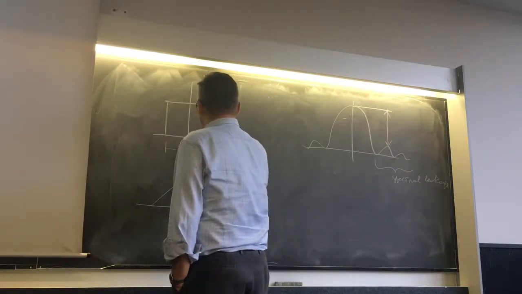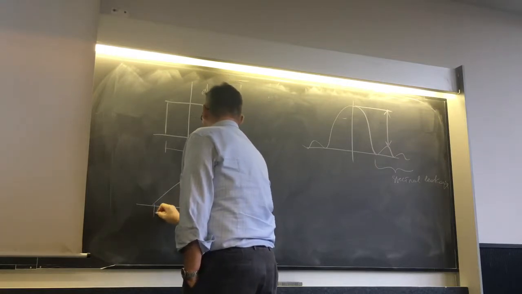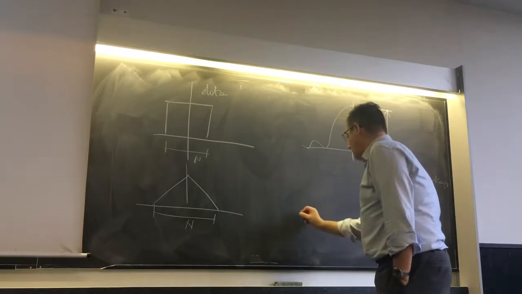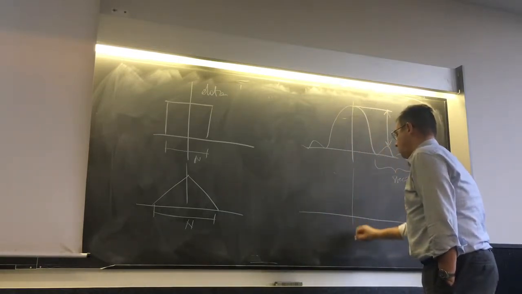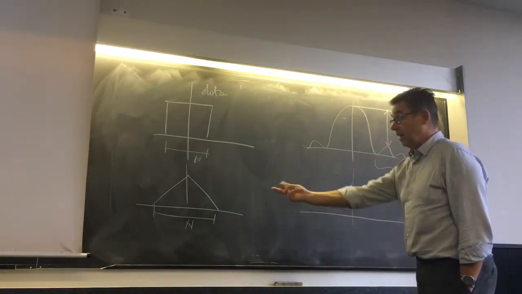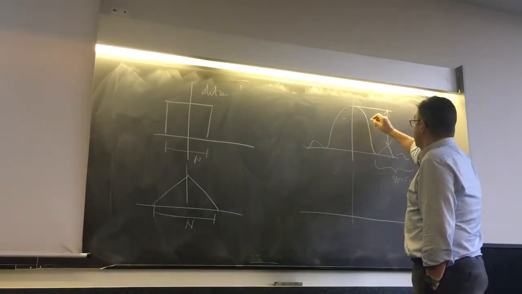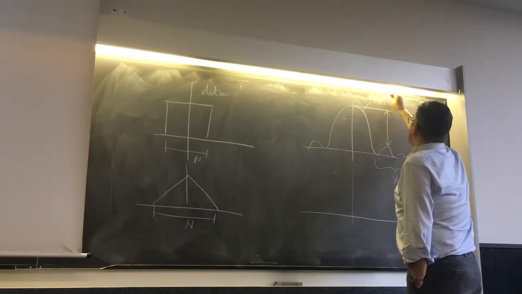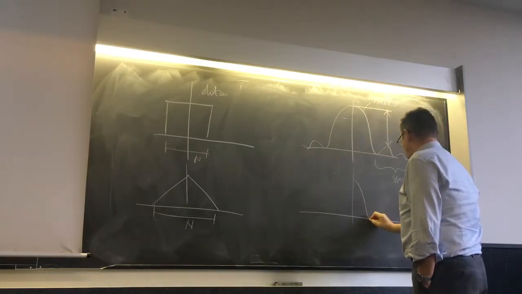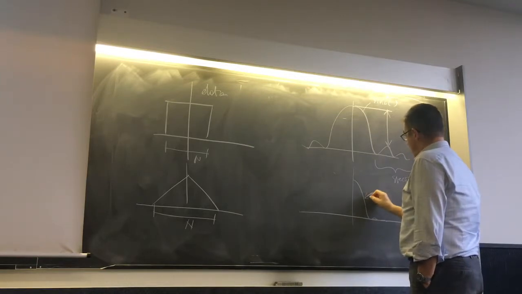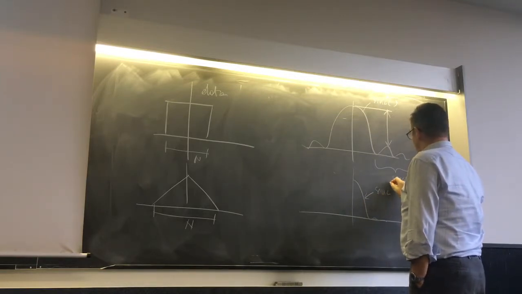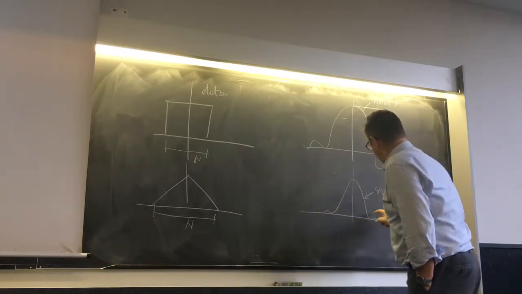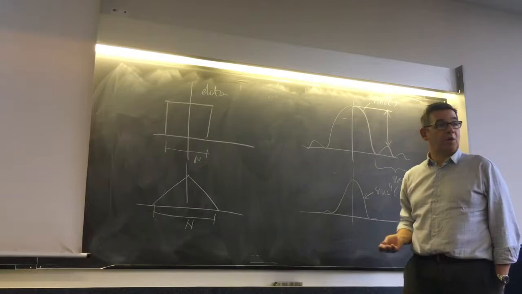The triangle has the same aperture, so it's N. Now, if I window with the triangular one, then where here I have a sinc squared, here I have a sinc to the 4th power. That means that the side lobes are decreasing very quickly.